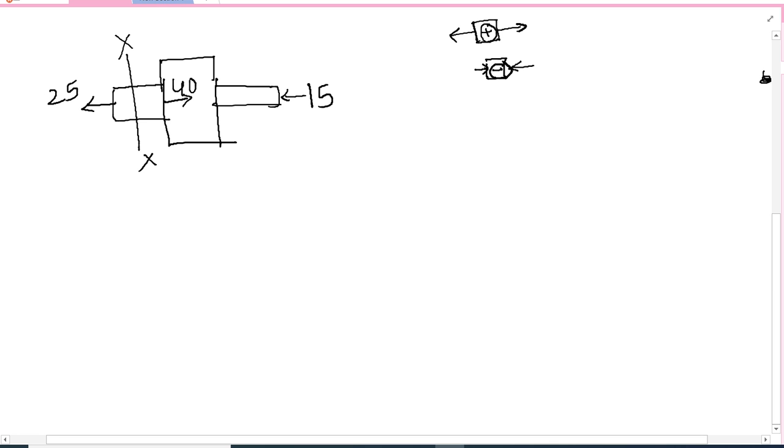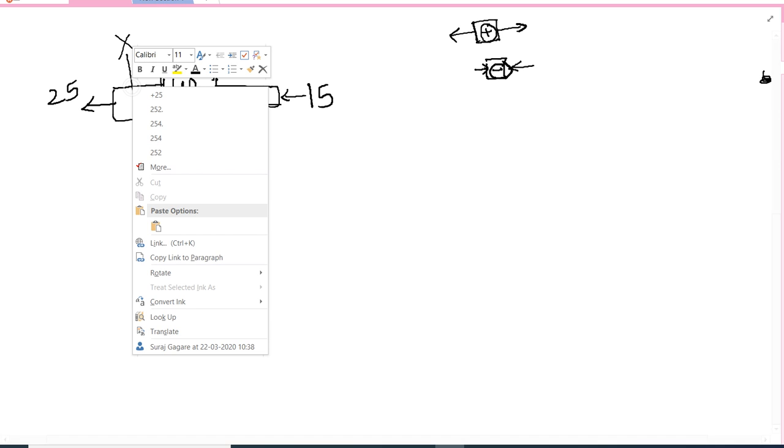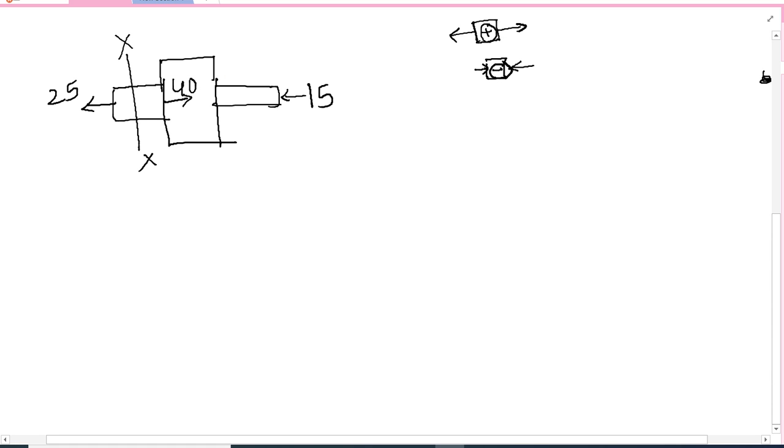Suppose I have to calculate the load at this section, correct? So on either side, what is the sum of forces on this side? It is nothing but 25 kilonewton, and it is tensile, so plus 25.